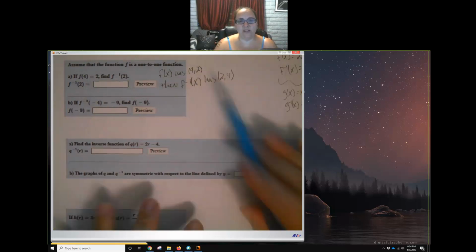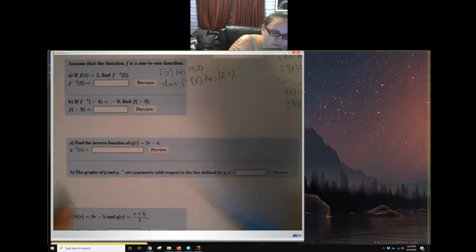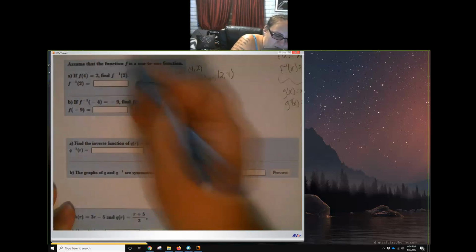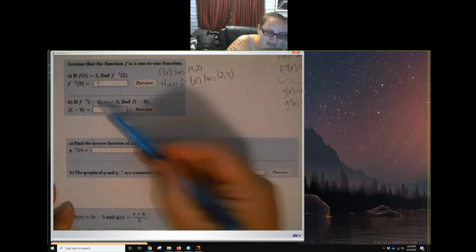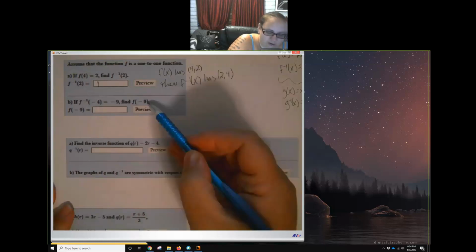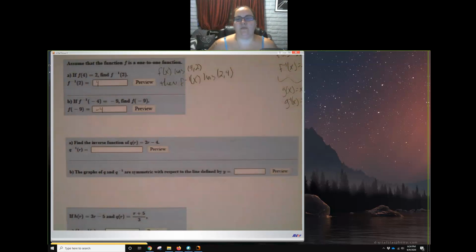So if 4, 2 is on a function, then its inverse has the point 2, 4. If the inverse has the point -4, -9, then the original must have -9, -4. That's just the way inverses work. Okay?